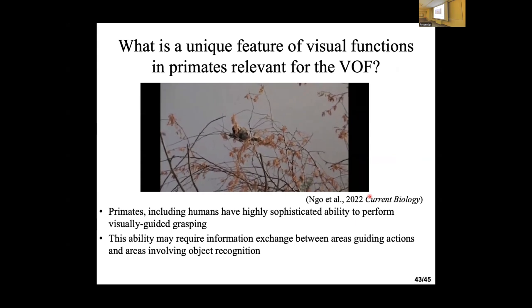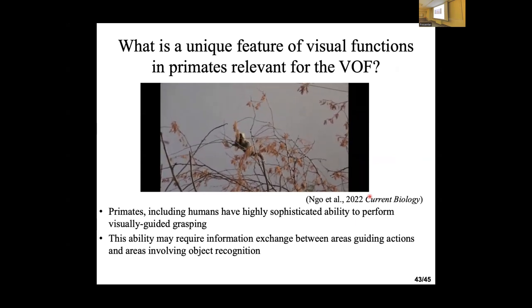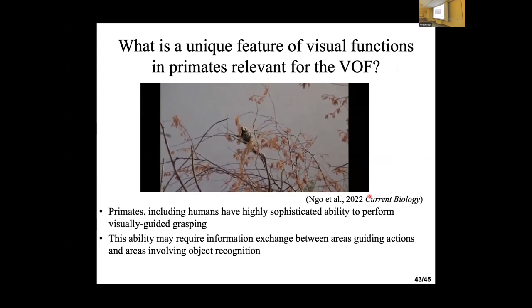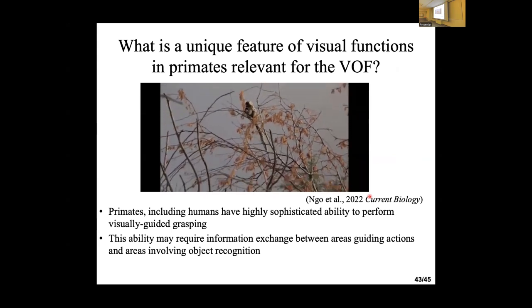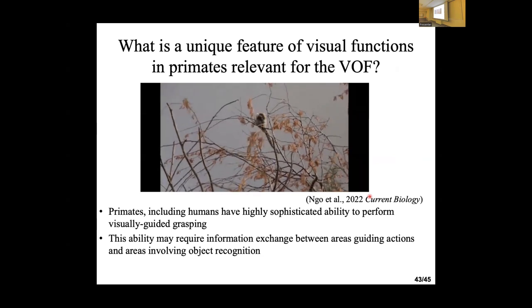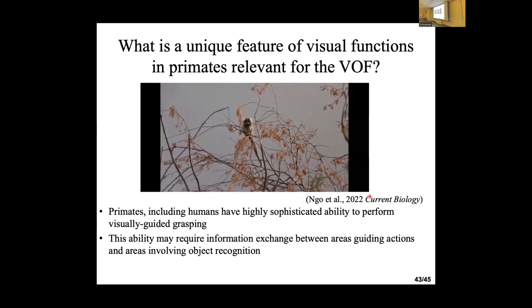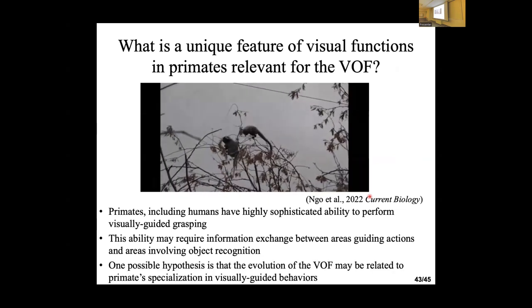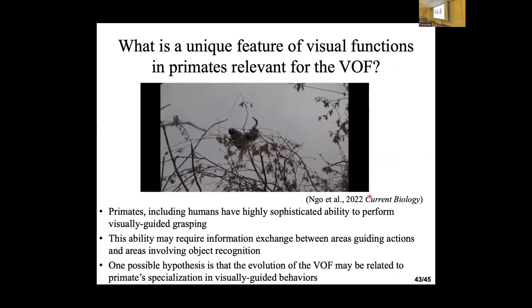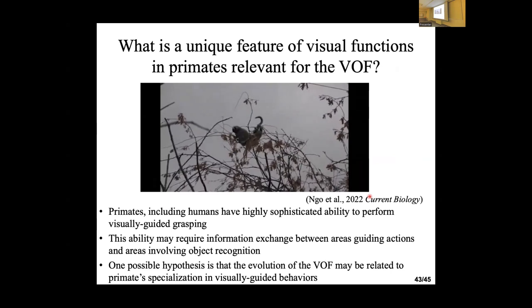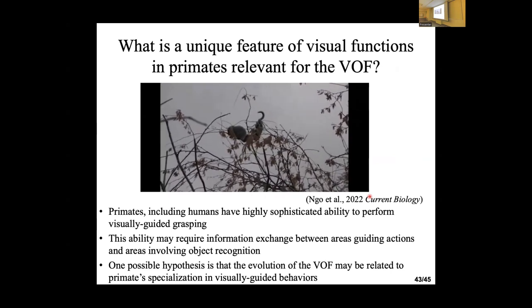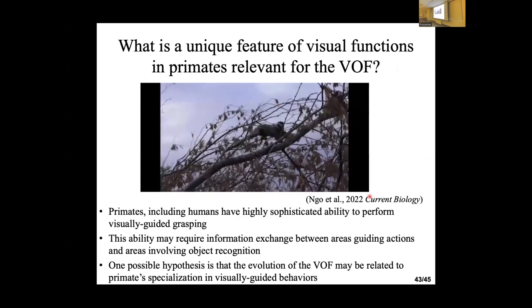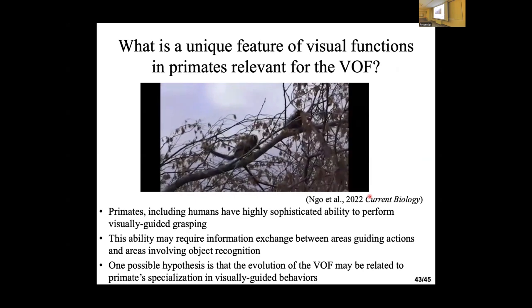This activity requires information exchange guiding action as well as involving object recognition. This is partly what makes us human, because we can visually guide and reach an object. This is not very typical in rodents because they use whiskers more to navigate the world and reach. So this is just a hypothesis. It's not proven, but one idea is evolution: the pathway may be related to primate specialization in visually guided behavior, which requires more information exchange between the so-called dorsal pathway and ventral pathway.